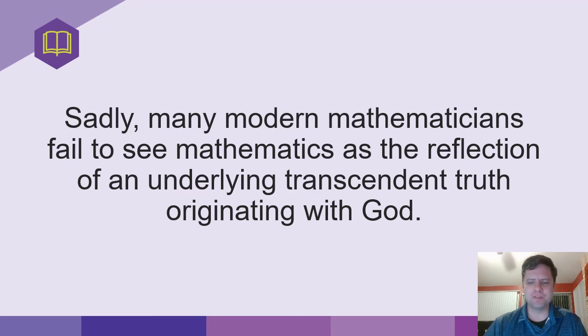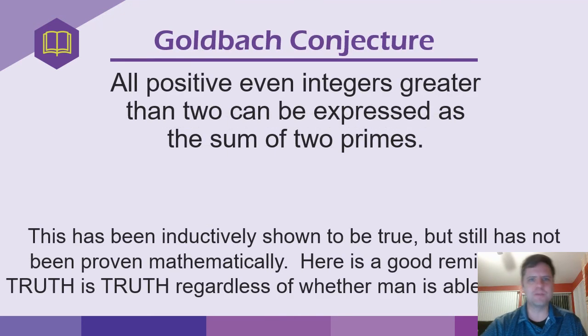And one of those examples comes from the Goldbach conjecture. So the conjecture was this, that all positive even integers greater than 2 can be expressed as the sum of 2 primes. Now, this has been inductively shown to be true, but it still has not been proven mathematically.